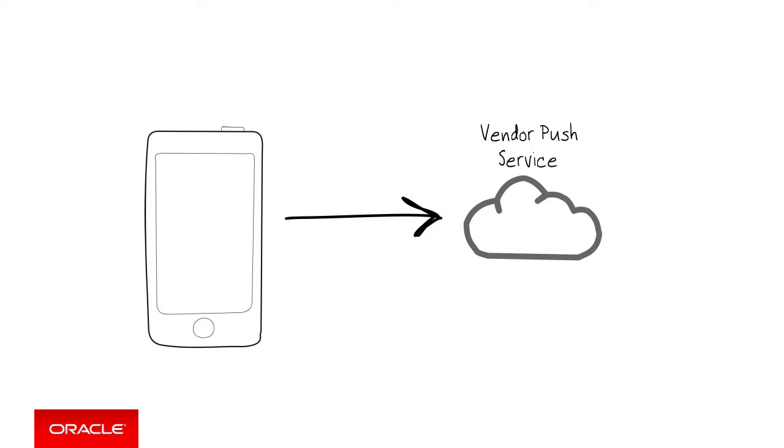Note that the mobile application code doesn't call the vendor's push service directly. This is handled by an underlying mobile platform operating system call on behalf of the application when it wants to register. This is important to understand, as if the mobile app is undeployed from the mobile device, the operating system will take care of unregistering the device for push notifications for that specific mobile app. There's nothing a mobile developer needs to do in this case.